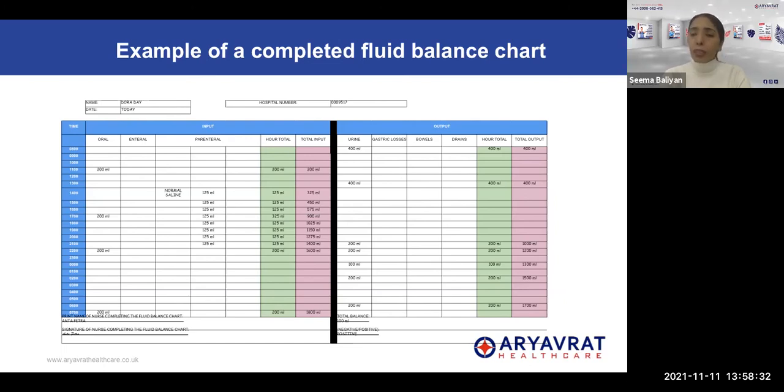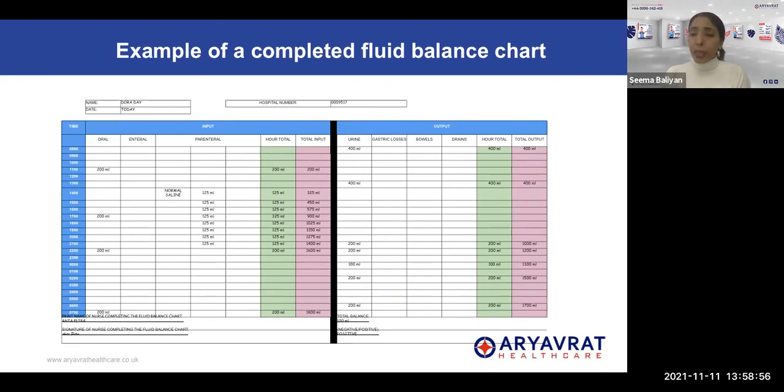For the bowels, sometimes there is no record of how much the bowel output was. So please do not get confused: you do not have any measurement for the bowels, but you will have to acknowledge that. Say, for example, at 1100 hours, the patient opened his bowels, and that is the only information you have got.